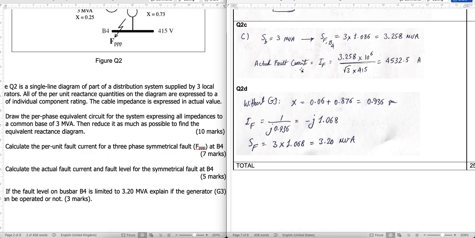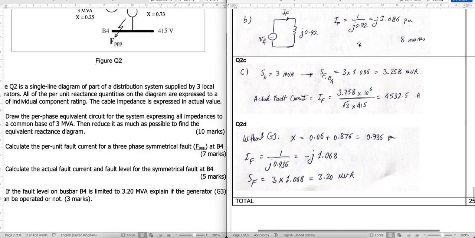The actual fault current is IF equals, so let me start with the actual fault level. So actual fault level is actual fault power. It equals the base power times the per unit power. What is the per unit power? The per unit fault power, or SF per unit, is exactly IF per unit.